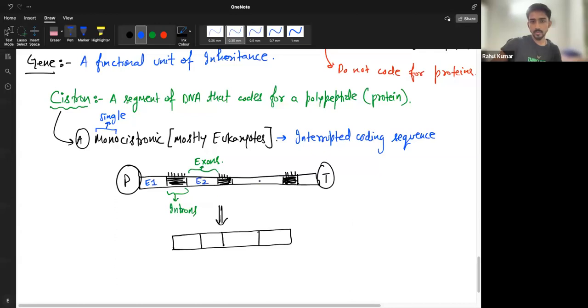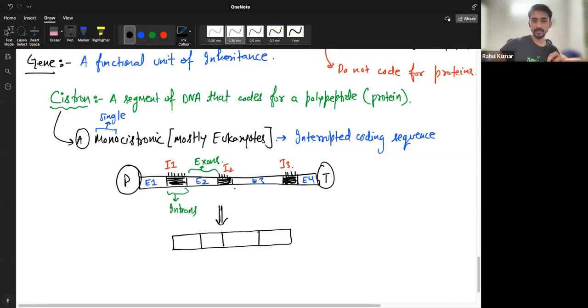This is exon 2. This is exon 3. And this is exon 4. And this is intron 1, intron 2, and intron 3. So this structural gene, let's say in a eukaryote, has 3 introns and 4 exons.